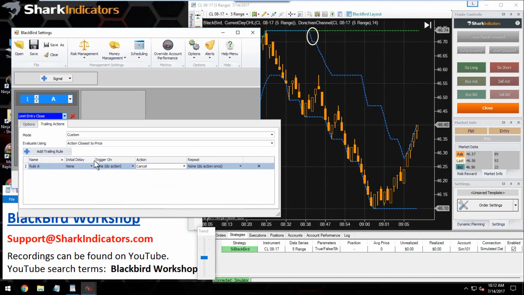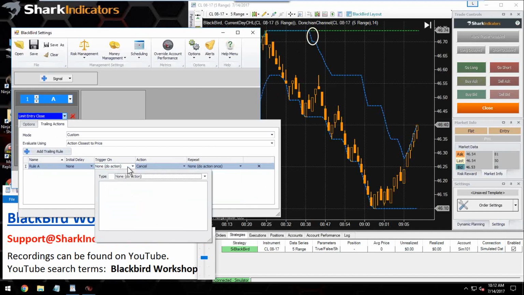Now we need to set up the triggering event. What is the event that cancels the order? Well, the event is that the Donchian channel and the current high or current low are no longer equal to each other.